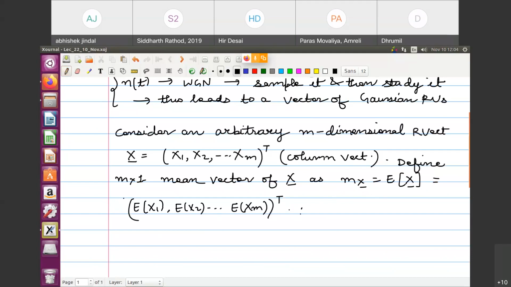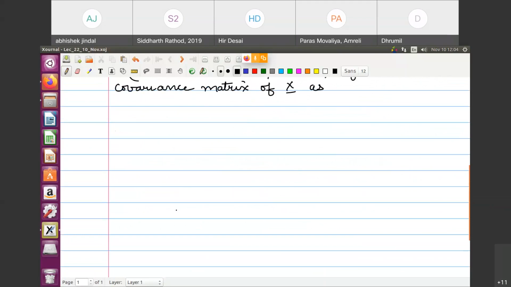Now also define the m cross m covariance matrix of x. Let us define this. The element of this matrix, the i comma jth element, is defined like this.